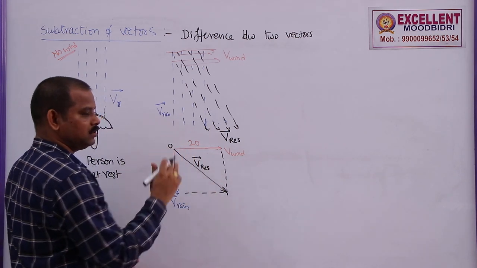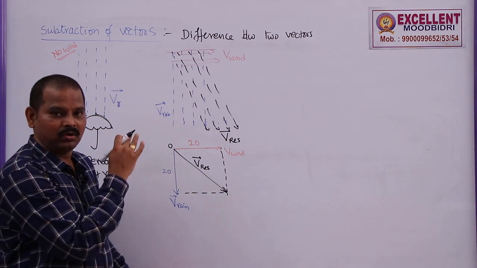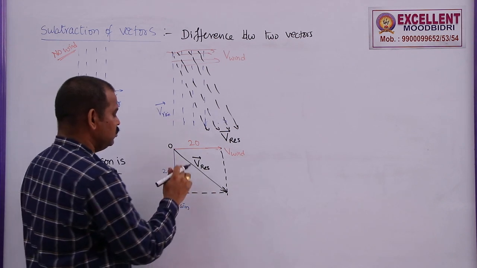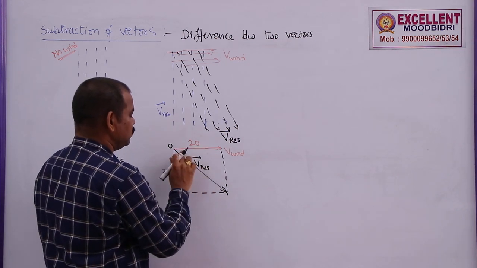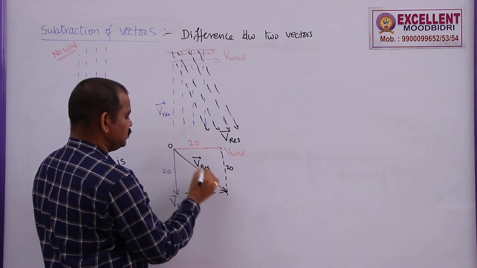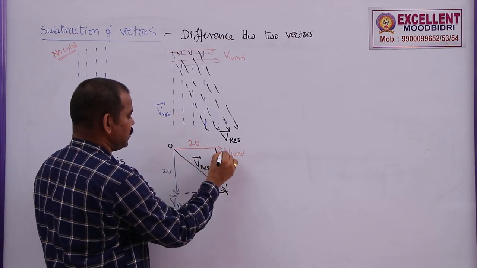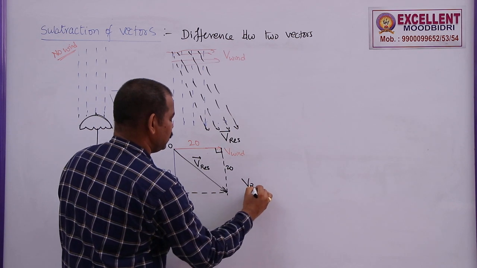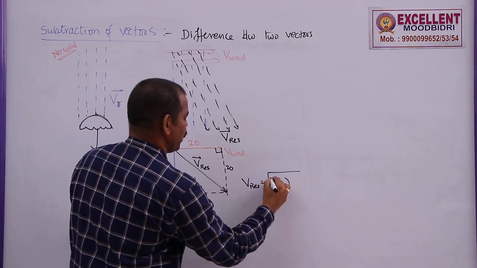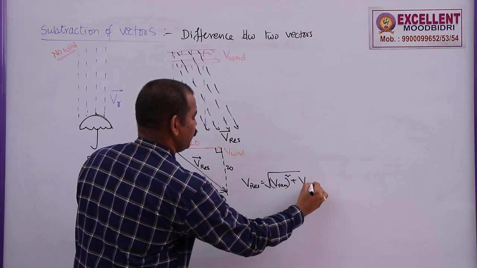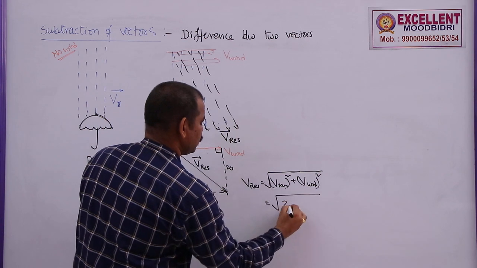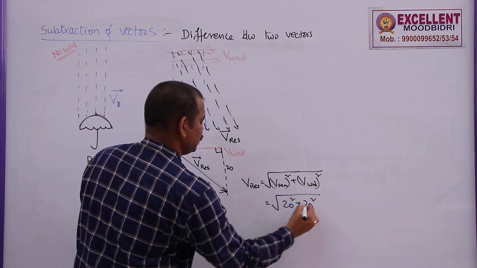So how to find this resultant velocity? Without knowing any formulas from physics in first PUC, we have the Pythagoras theorem. This is 20. If it is 20, this will also be 20. This is the hypotenuse of this right angle triangle. So V resultant is given by root over V rain square plus V wind square, which is root over 20 square plus 20 square.